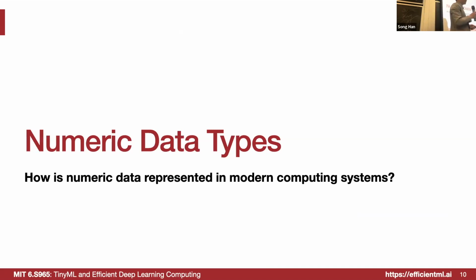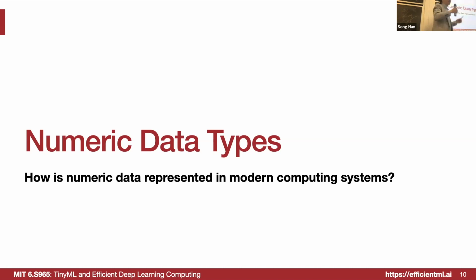So first, let's learn some foundations about numeric data types. When you are using GPUs, you might have heard about FP32, FP16, int8. What are they? Just this week, Jensen Huang, the CEO of NVIDIA, during his amazing GTC talk, released the new GPUs which support the FP8 numerical system.